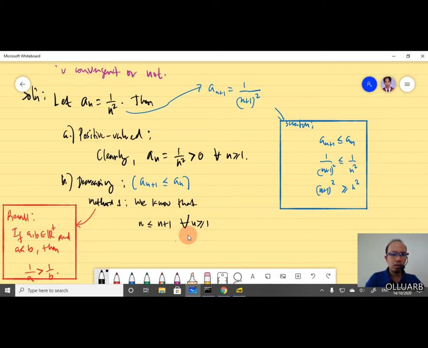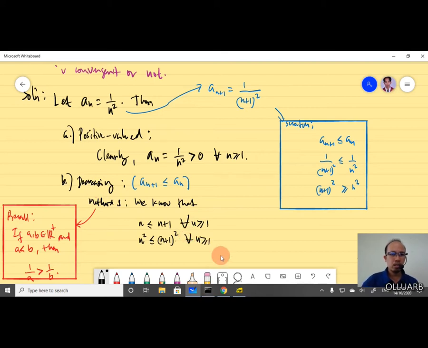Okay, so to make it safe, if I'm going to erase this, that's really the argument, since our n is greater than or equal to 1. If you write the equality symbol, that's okay. If you square both sides, it doesn't matter, for all n greater than or equal to 1.